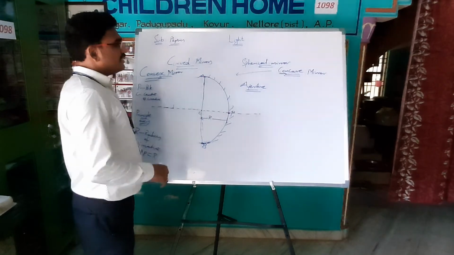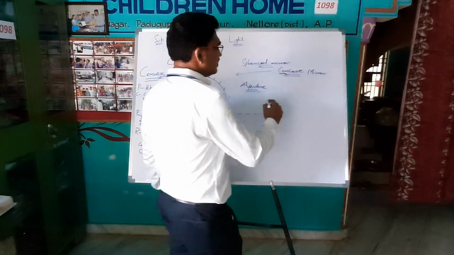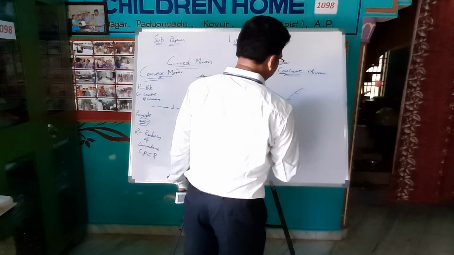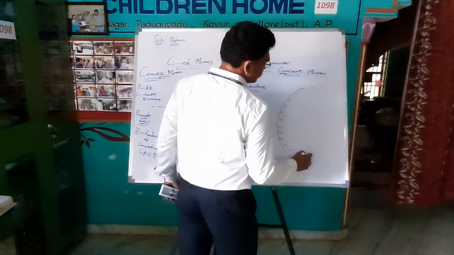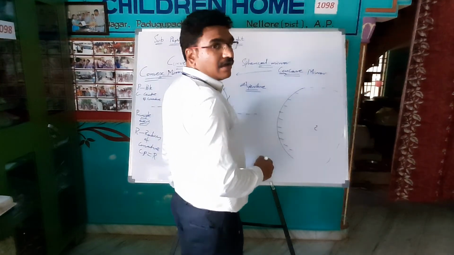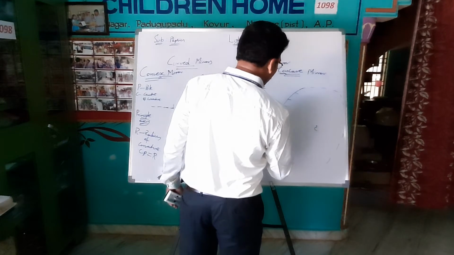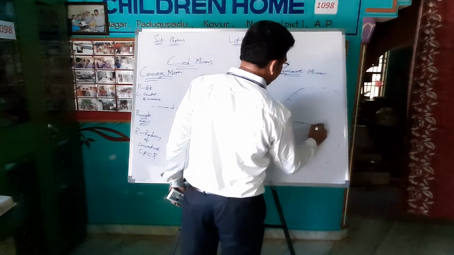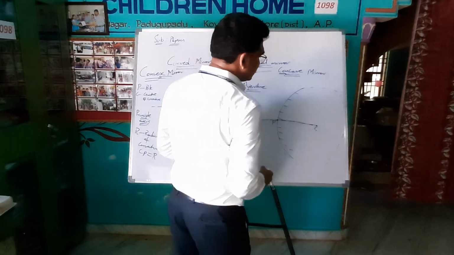Okay, these are the terms which, of course, apply even if you take a convex mirror. Now this is a convex mirror. But if you take a convex mirror, the center of curvature will be outside the reflecting surface. Now this is the pole, this is the principal axis, and the center of curvature is on that side.